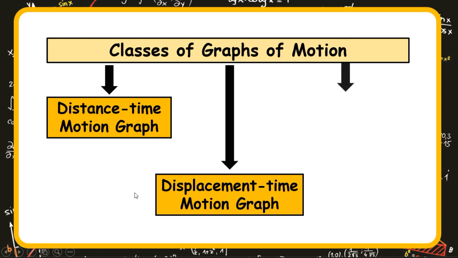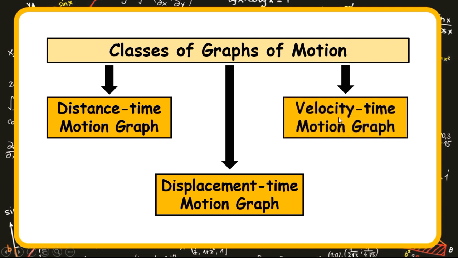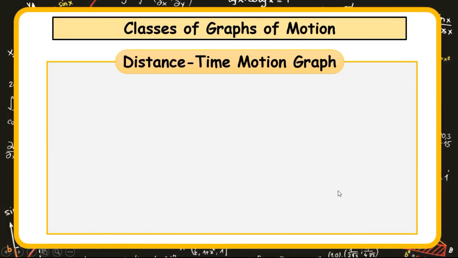And the third, velocity time motion graph. So these are the 3 classes of graphs of motion. Let's take them one after the other, starting from the distance time motion graph.